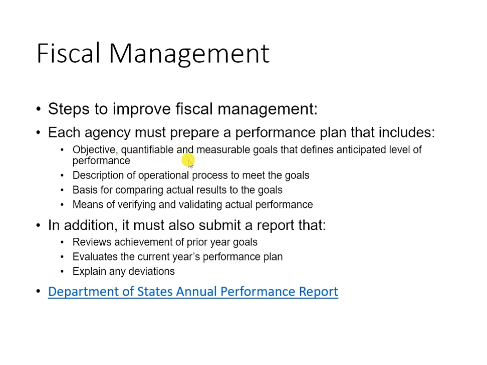Their quantifiable and measurable goals for each objective, and much other information. So by the end of the year, they have to review their achievements and their performance, and explain any deviations. All these are reported in their annual performance report. And we have a link. You can take a look at the Department of State's annual performance report.